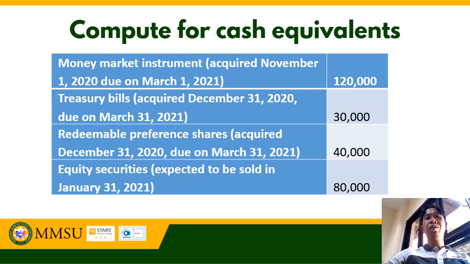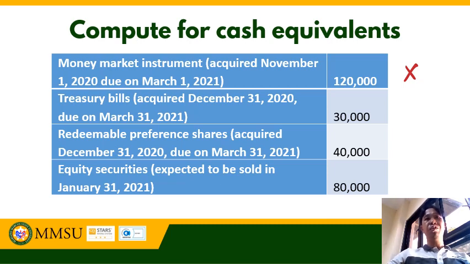So is this part of cash and cash equivalents? Answer, no. Okay, even if the balance sheet date is 12/31, 2020, that's 2 months to go before it matures, it doesn't matter. The rule is counted from the date of acquisition, okay?